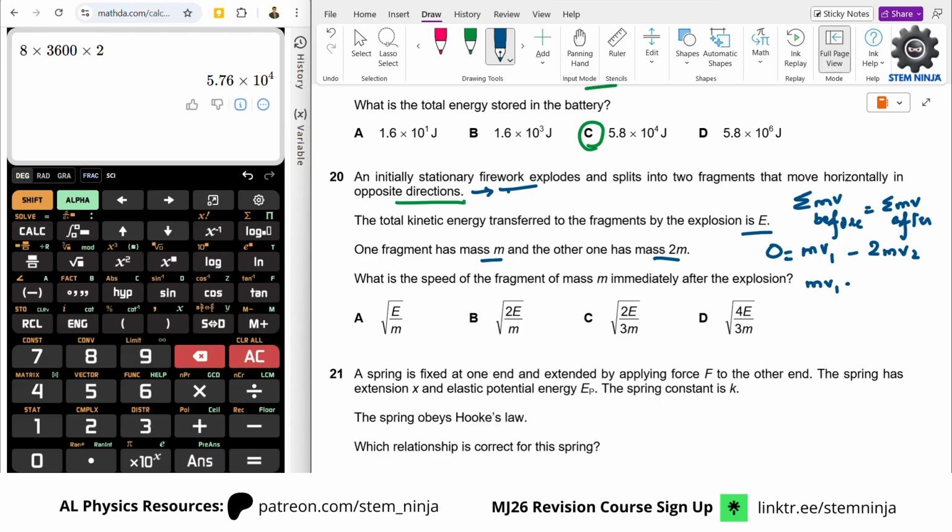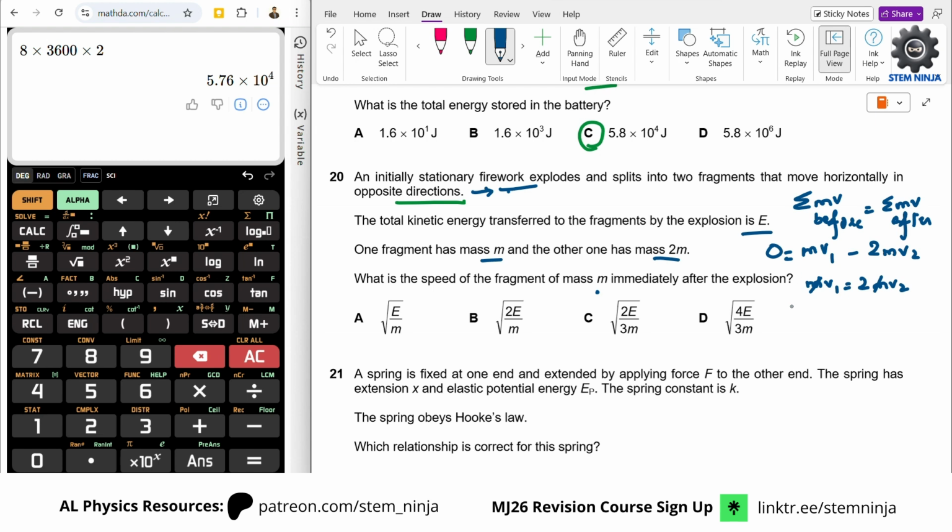So mv1 equals 2mv2. Notice that m and m cancel out, so v1 is twice the speed of v2. What is the speed of the fragment of mass m immediately after the explosion?